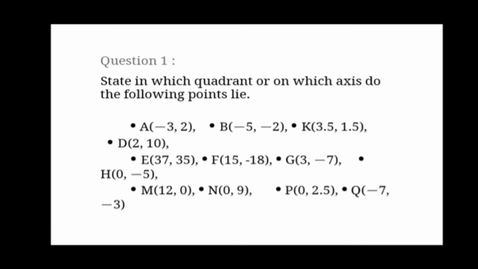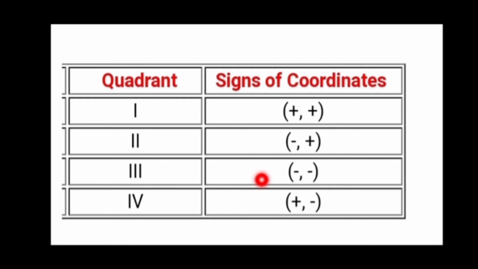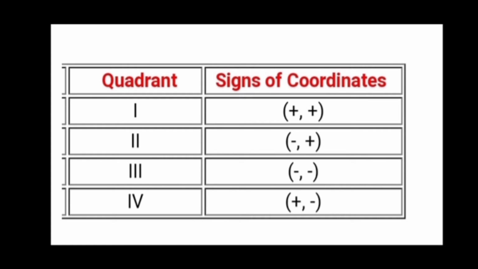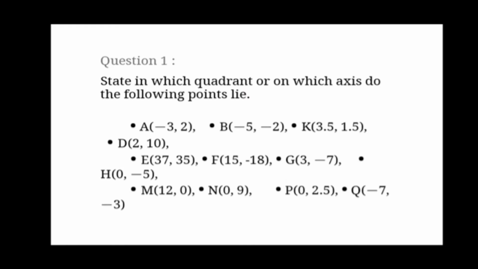Okay, then our first point is minus 3, plus 2. Minus plus, so it lies in the second quadrant, right? Then the next point has both coordinates negative, which means it must lie in the third quadrant, right?